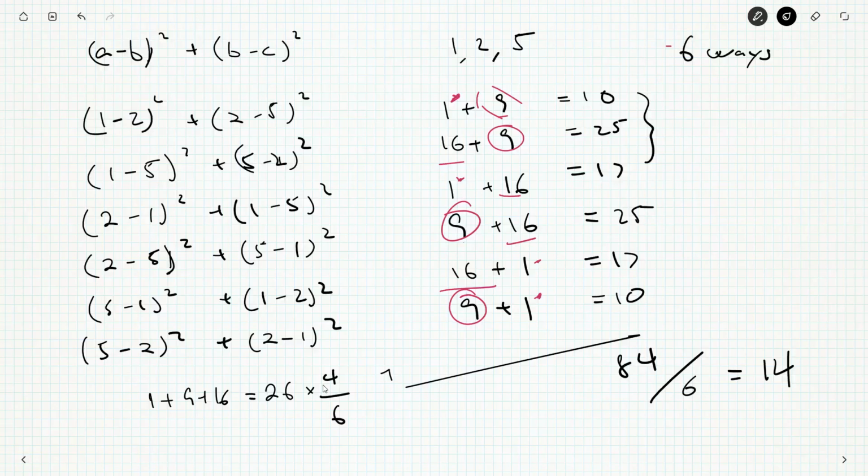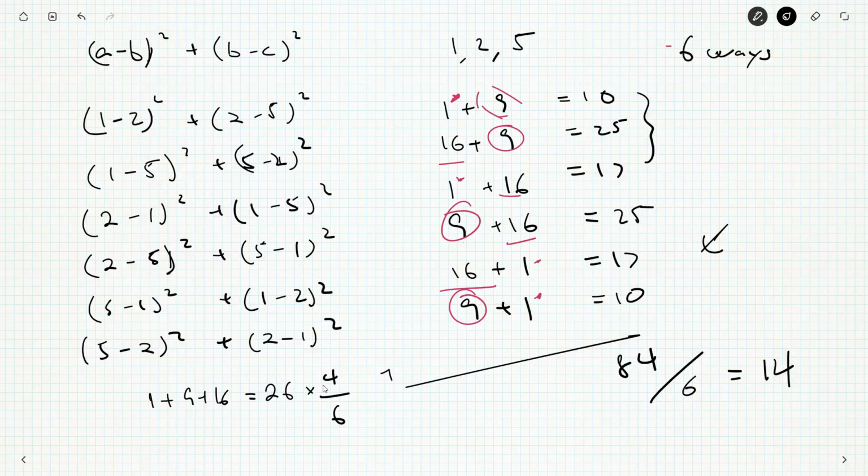Did I not add these up right? How come 26 times 4 divided by 6... 26 isn't a multiple of 3. What did I do wrong? Did I not add this up right? 2 25s is 50. 2 10s is 70.